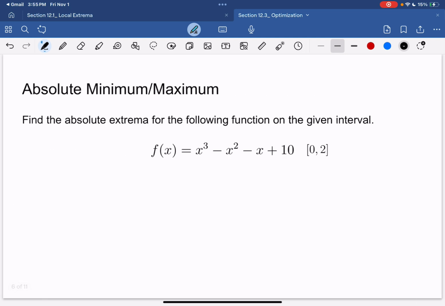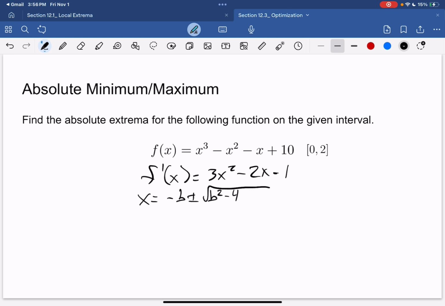All right, so now if we don't have a graph, we can do this from a calculus standpoint. So I'm going to take the derivative of this because I'm looking for critical points. So I have 3x squared minus 2x minus 1. Okay. So I can factor this, or I can use the quadratic formula. So I have -b plus or minus the square root of b squared minus 4ac all over 2a.